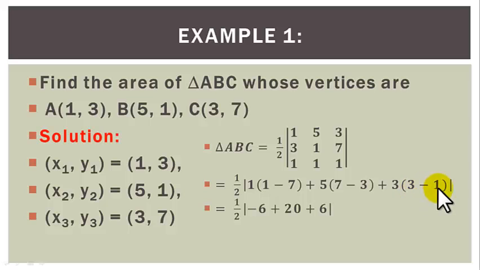Then 3 minus 1 is 2, and 2 times 3 is plus 6. Minus 6 plus 6 cancel out. So the absolute value of 20 is 20. Then half of 20 gives us 10 square units. So that is the required area of triangle ABC.